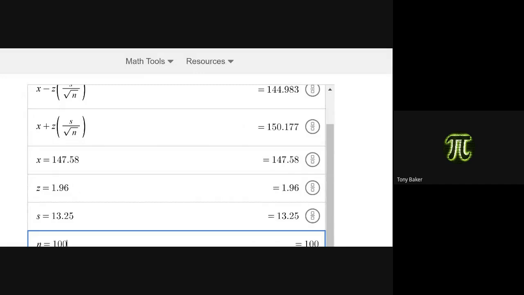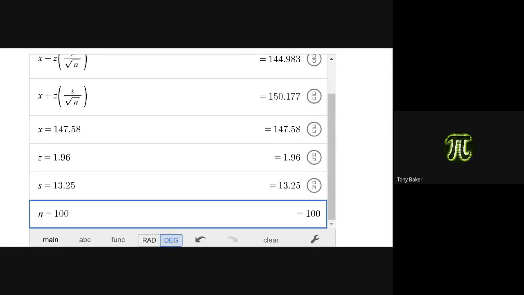All right. So I put in X is 147.58. Z is 1.96 because it was 95%. That's from that table. S was 13.25 and N was 100.